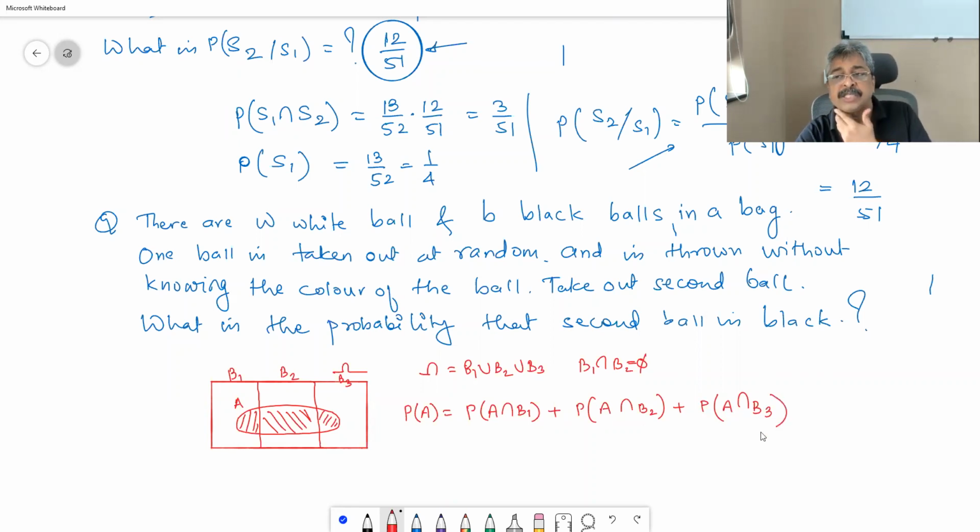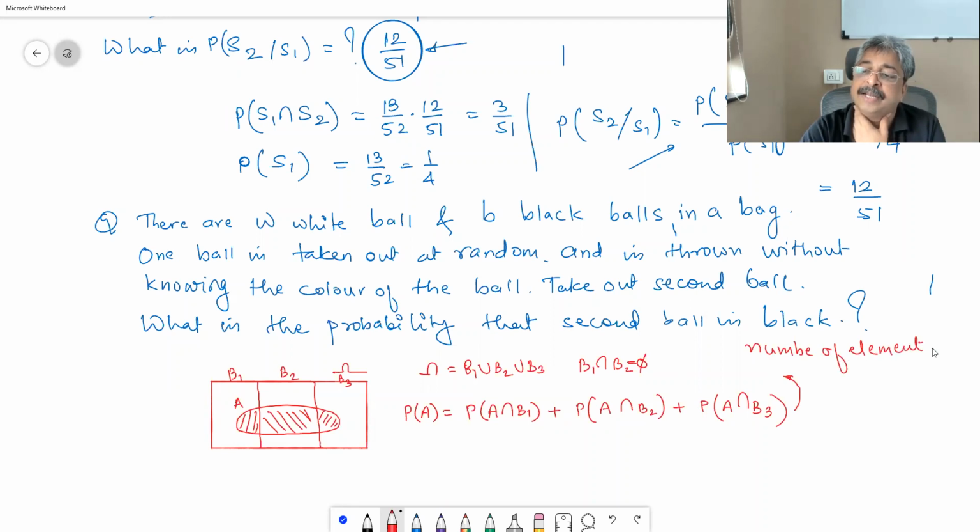If I add all these three intersection probabilities, then I will get the probability of A. Actually, if you are not understanding it this way, you can understand it by taking the number of elements. Every time you divide by the total number of elements in the space omega, you convert the number of elements into probabilities, but I am writing it directly right now.